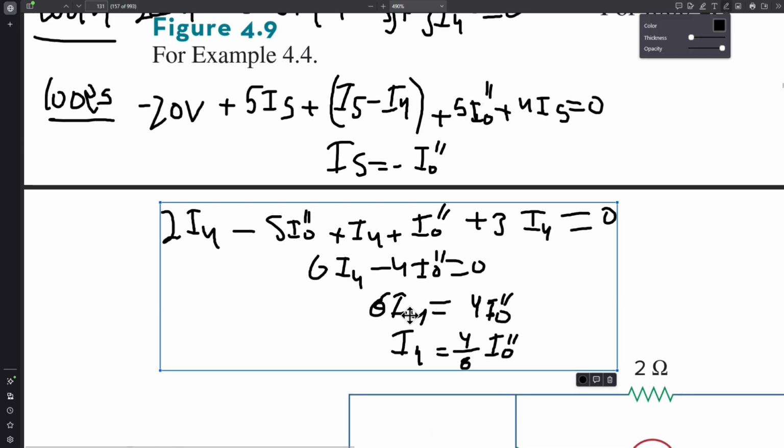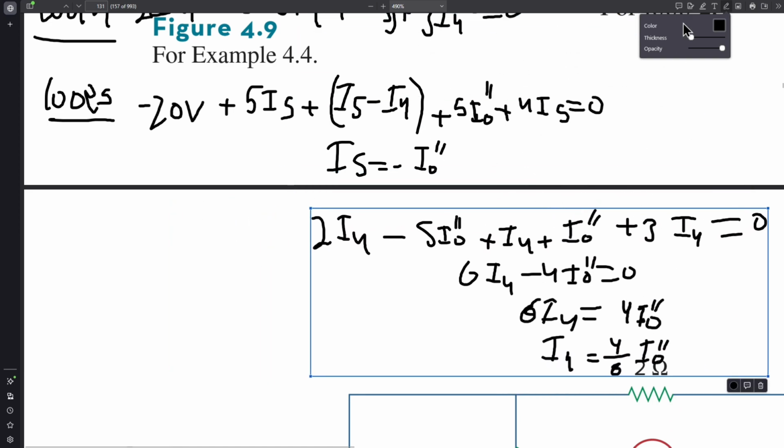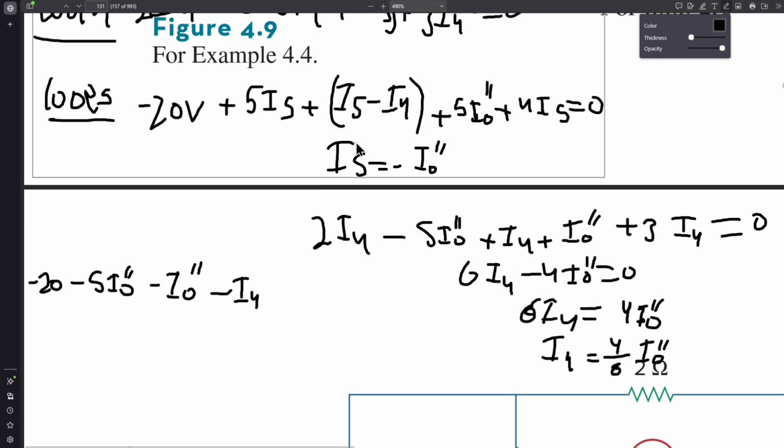Now for the second loop, let's replace everything with the I5. Now for the second loop, you will have negative 20, and this is minus 5I0 double dash, because we replaced I5. And then this is also minus I0 double dash minus I4. Because I replaced this I5 with this, it just becomes negative I0 double dash, and negative I4 stays the same.